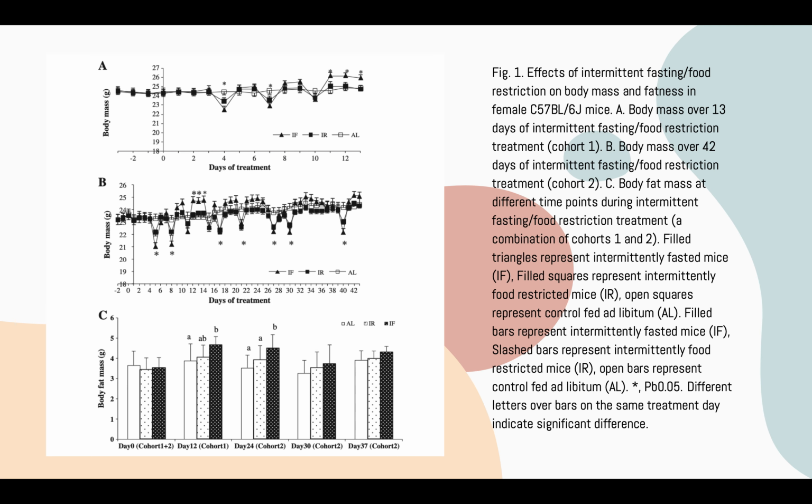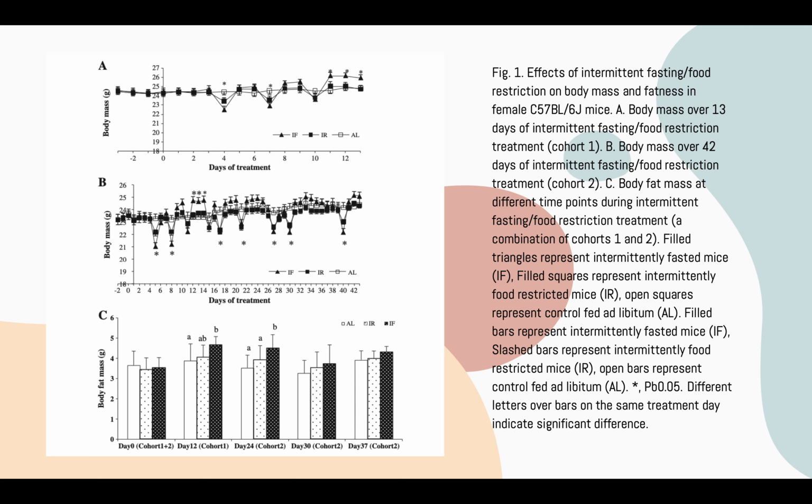I just think that's pretty cool. Also, it's important to notice that there are more days where a significant difference in body mass can be seen than we could see in graph A.